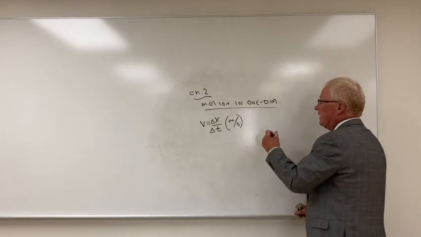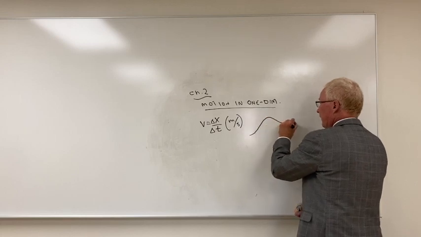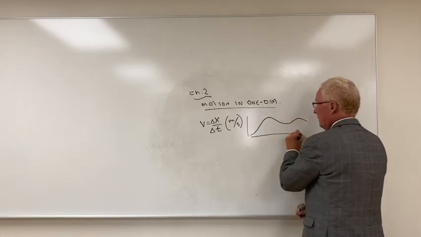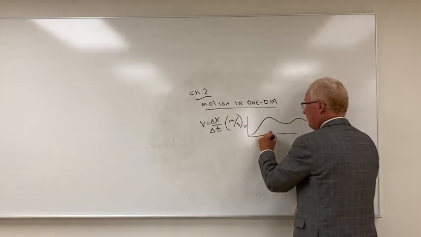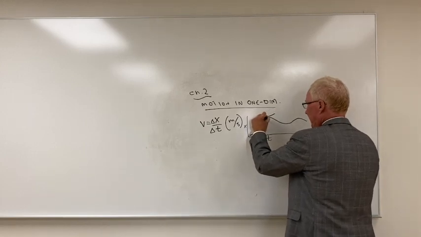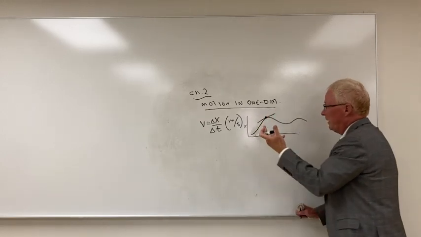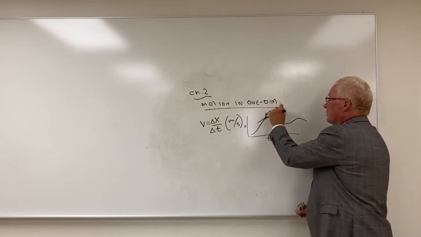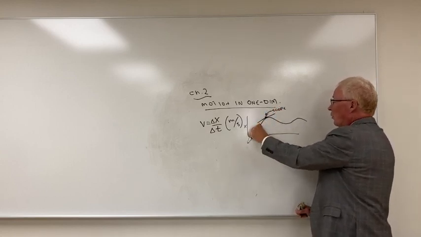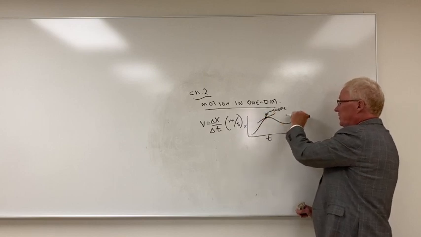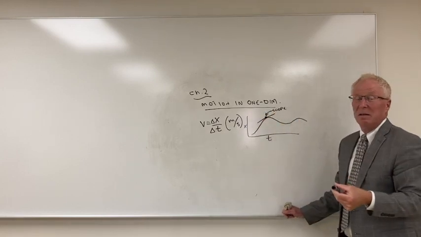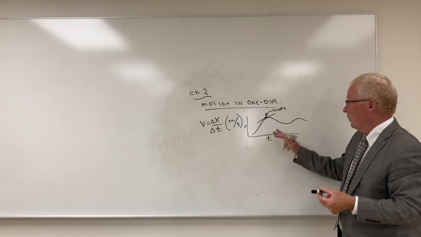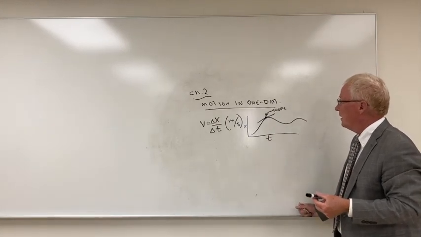The instantaneous velocity, if I have a graph of position versus time, the instantaneous velocity is the velocity at a given moment, or the slope of this line at this moment. So the slope of this line as it changes is the velocity. This will only be done on a conceptual basis here.